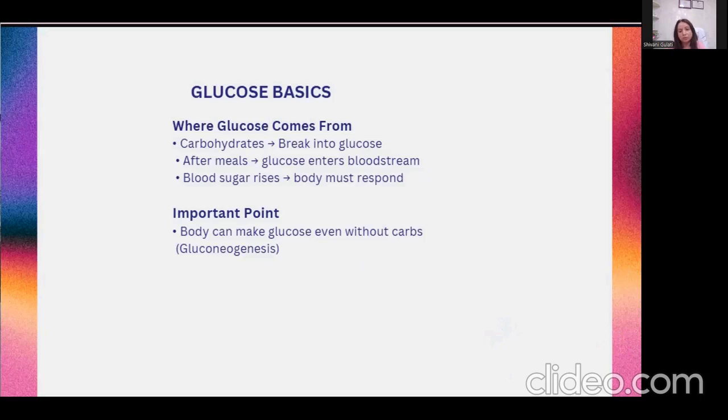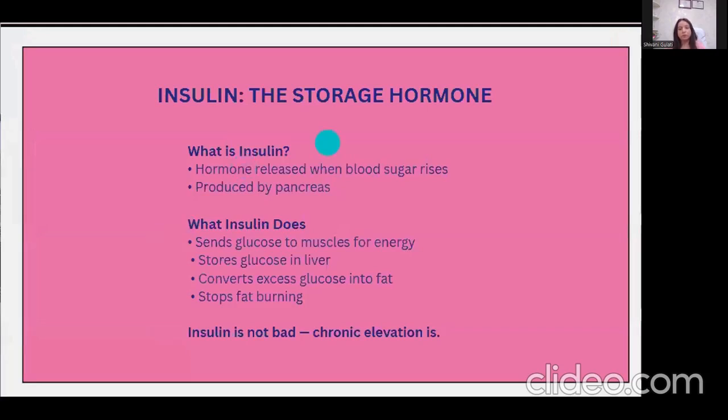Glucose is essential for survival, so the body has a backup production system built in. Even when not in a fed state, the body is in a protective mechanism.